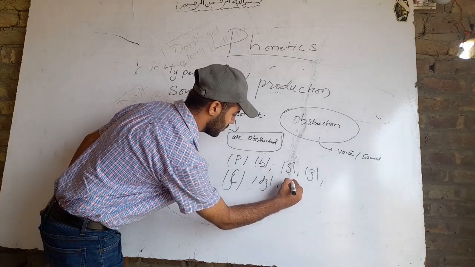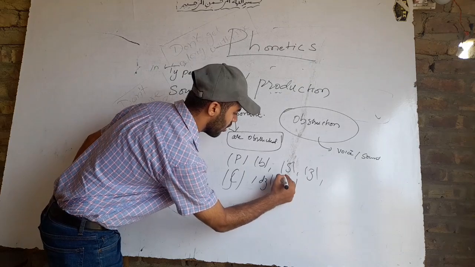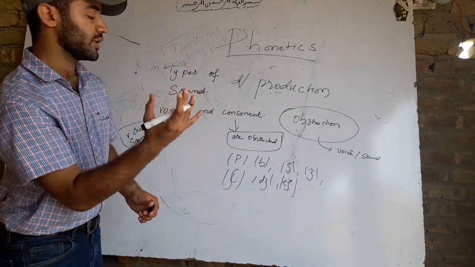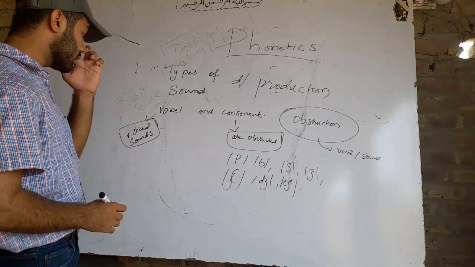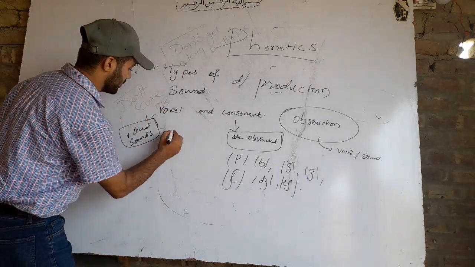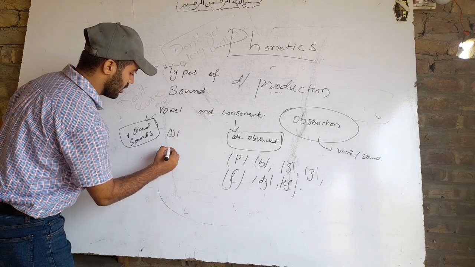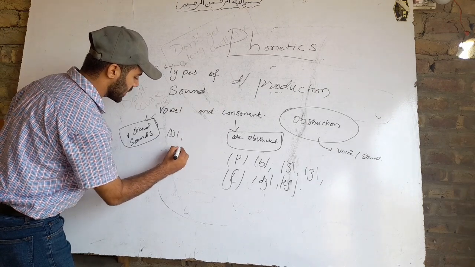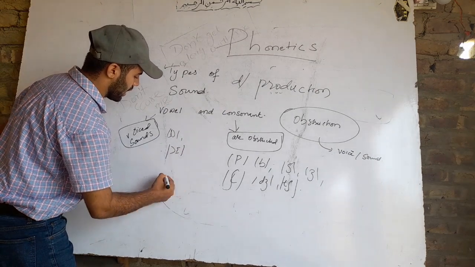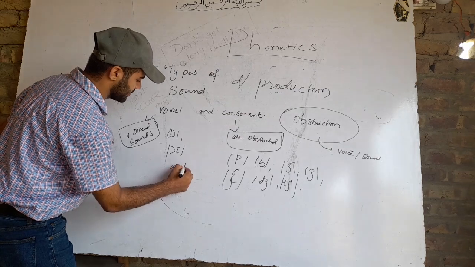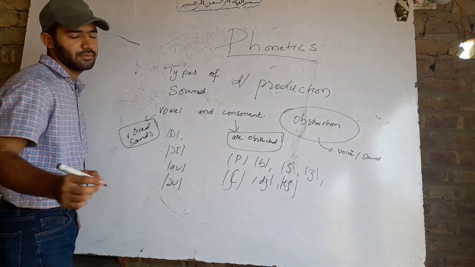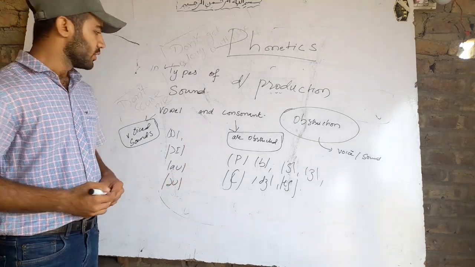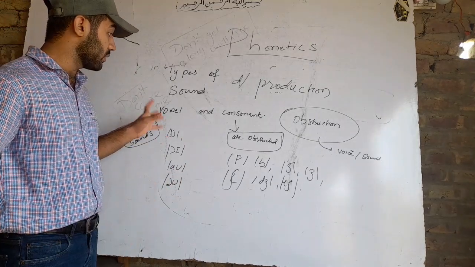These all are obstructed, and this is how they are produced. But if we come towards the vowel sounds, we have the o sound, the oi sound, the ow sound. These are not obstructed in any case. So this is the basic difference between vowels and consonants.